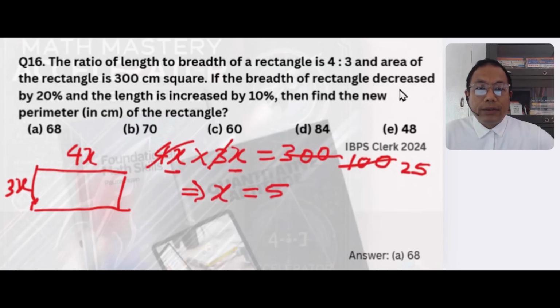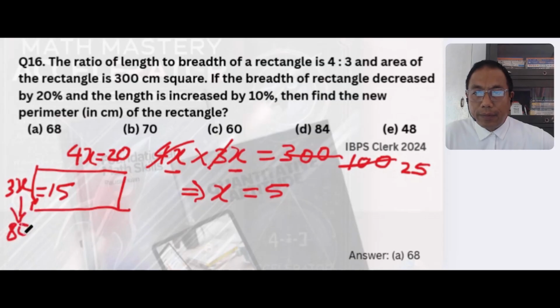If the breadth of rectangle decreased by 20%, length is multiply the value 4, 5 are 20. Breadth is 3, 5 are 15. Breadth is decreased by 20%. 20% decrease means 80 by 100. 100 minus 20 is 80.